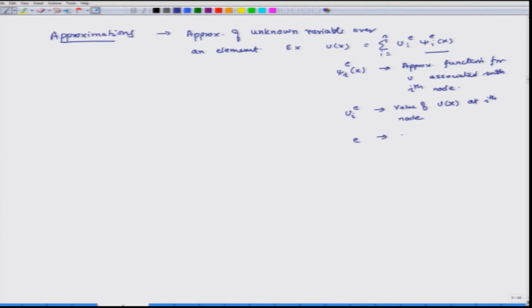And e is the eth element. And then the last thing is n minus 1, it represents the order of the polynomial function in psi_i(x). So, this is one approximation which we make, which is approximation of unknown variable.